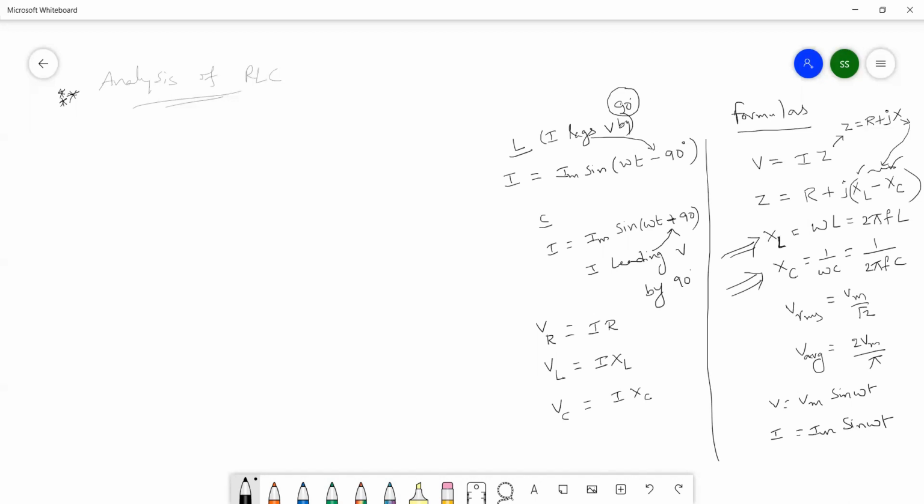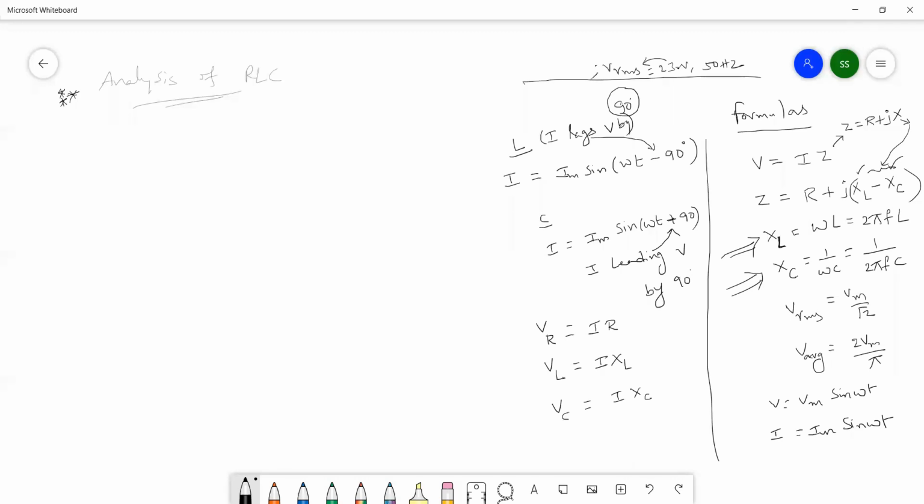Now always remember, for any problem in unit number 2, if they mention values like 230 volts, 50 Hz, without mentioning whether it is a maximum, average or RMS value, by default you have to consider it as an RMS value. Understood? Voltage RMS.